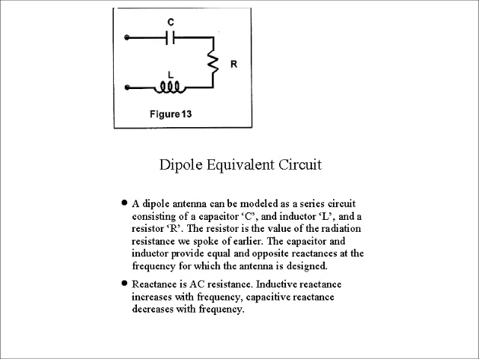The capacitor and inductor provide equal and opposite, what they call reactances, at the frequency where the antenna is designed. Reactance is AC resistance. And there's a lot more to reactance than what I showed you in Ohm's law, but for purposes of what we're talking about tonight, this is just perfect.